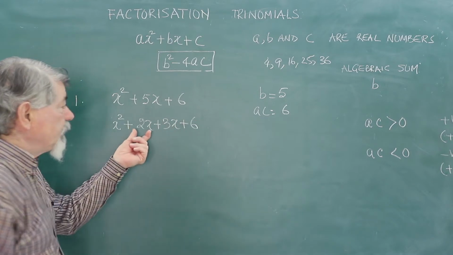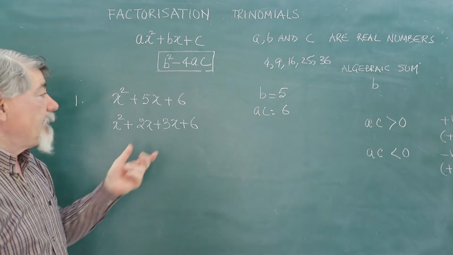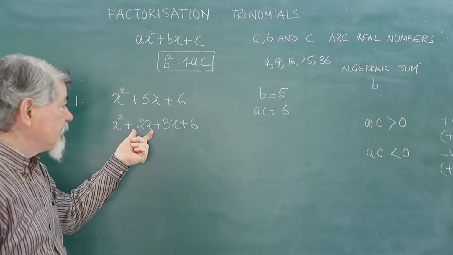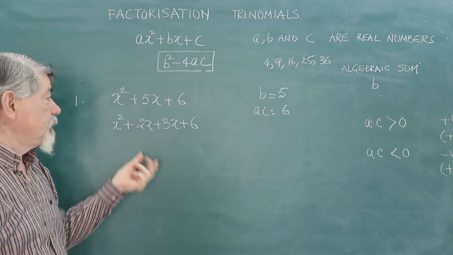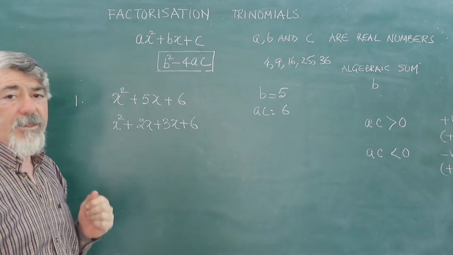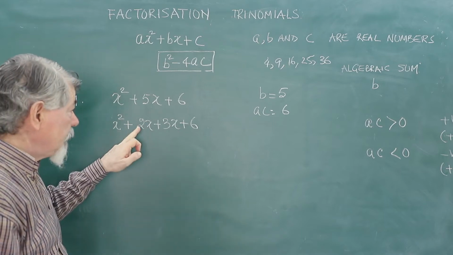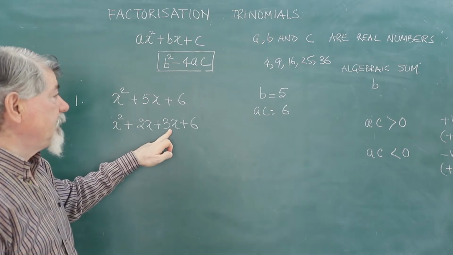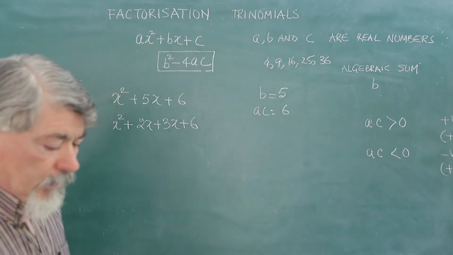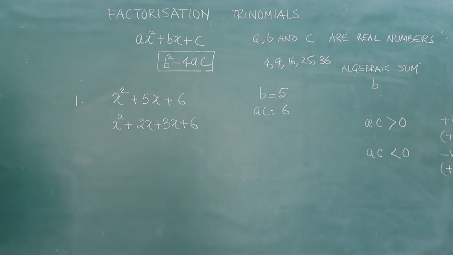By writing 2x plus 3x, I have not changed anything because it was 5x. So 5x I have split into two terms, 2x and 3x. 2x plus 3x is 5x. But if I multiply 2 and 3, I get the product as 6.